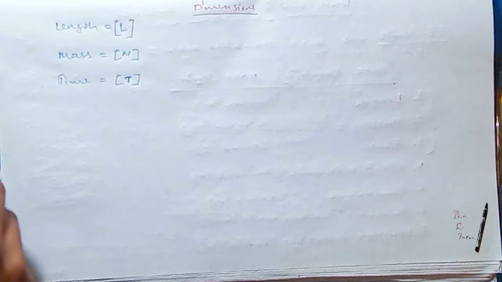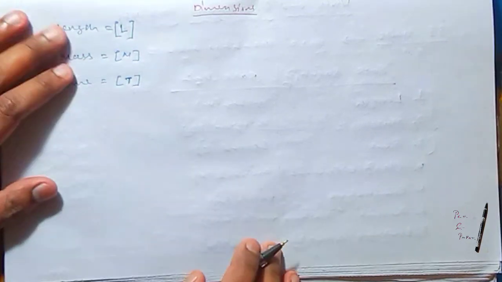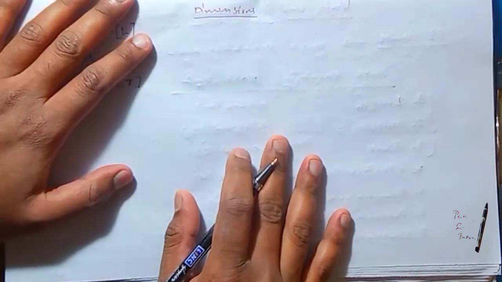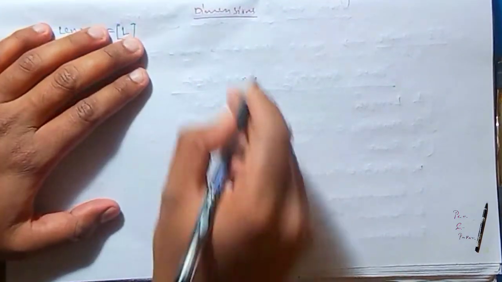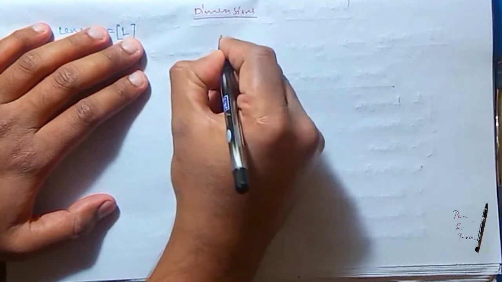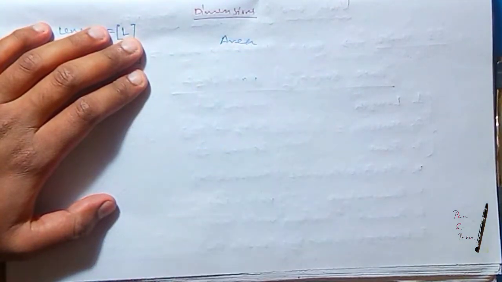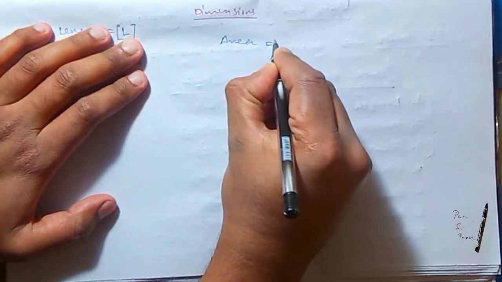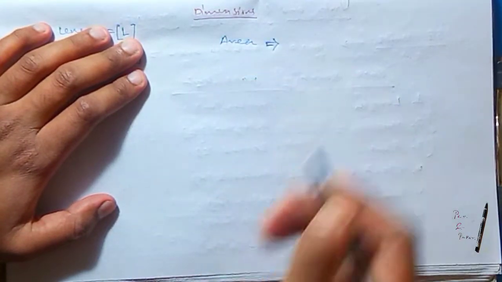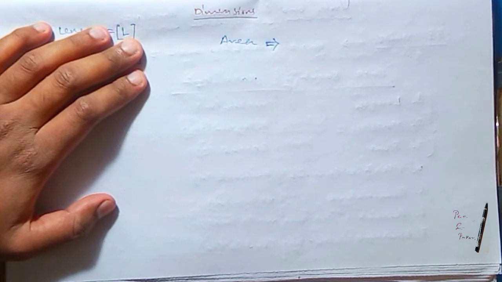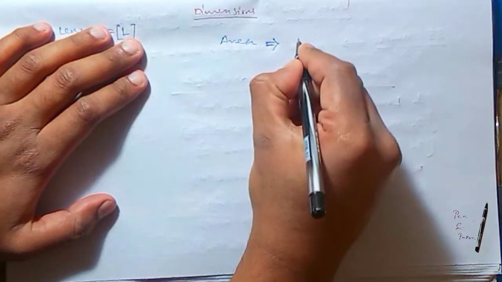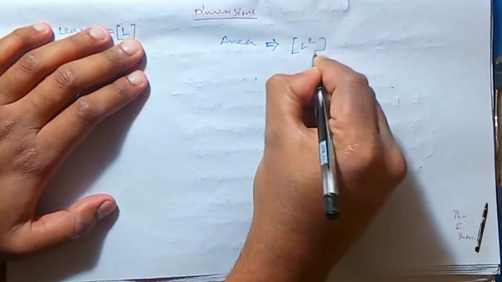Now let us find the dimension of various quantities. Start with area. What is the dimension of area? The dimension of area is L squared.